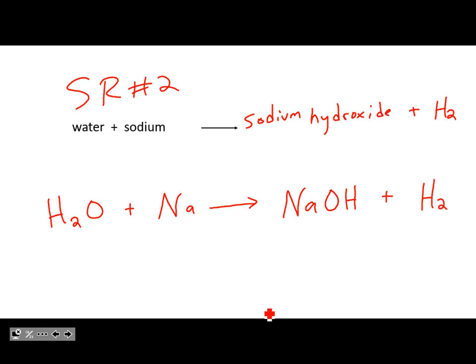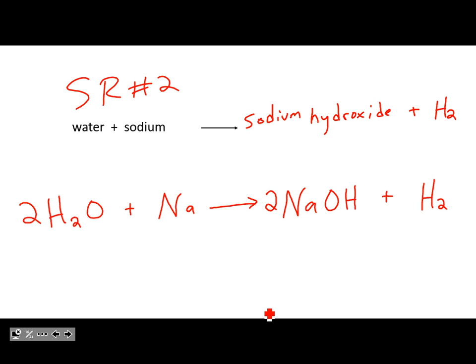I look at this and say I have an equation that is not balanced, because I don't have enough hydrogens on one side. If I put a 2 here, that gives me 4 hydrogens on my product side, so I need 4 hydrogens on my reactant side.